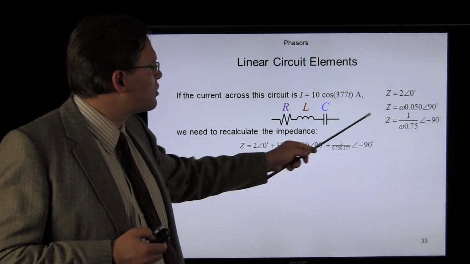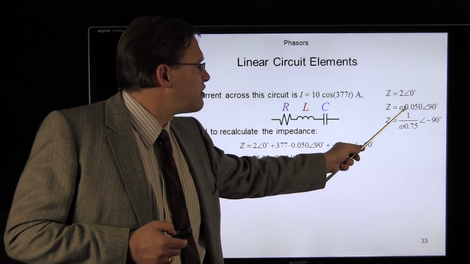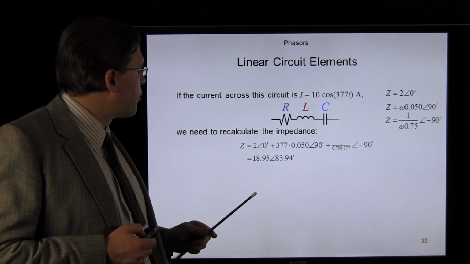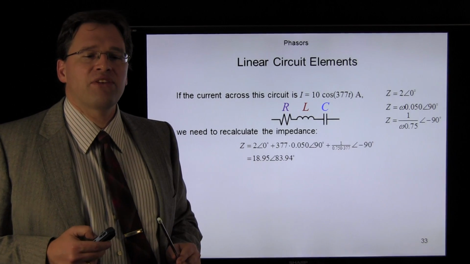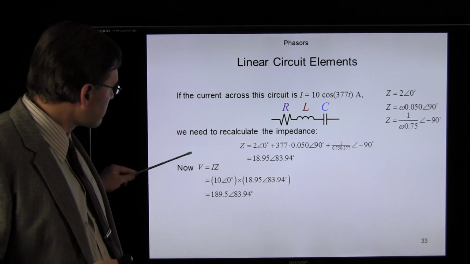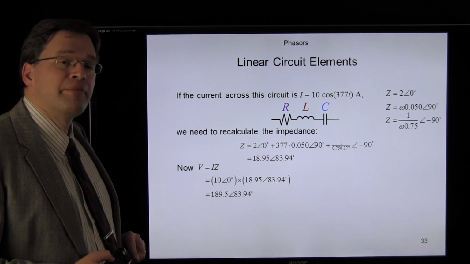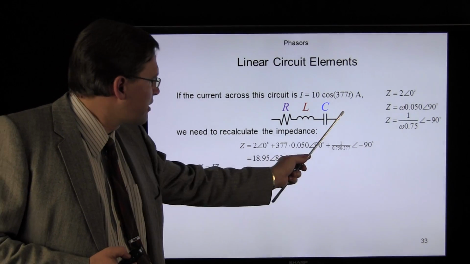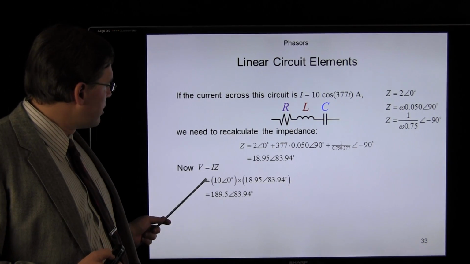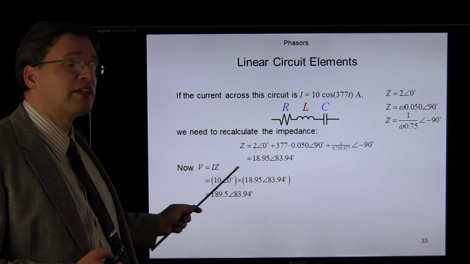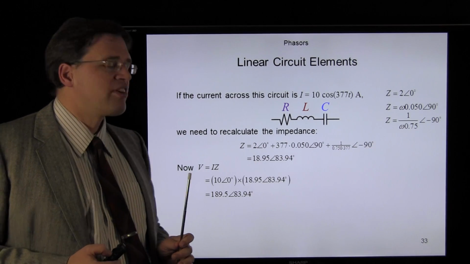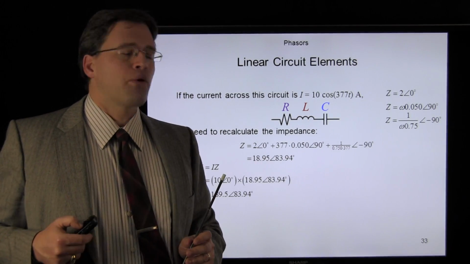So now we have to substitute 377 into each of those locations and calculate it, and we get 18.95 phase 83.94. So if we want to calculate the voltage across this circuit with this current passing through it, V is equal to IZ, essentially we're multiplying the magnitude by 10, and so we get 189.5 phase 83.94.